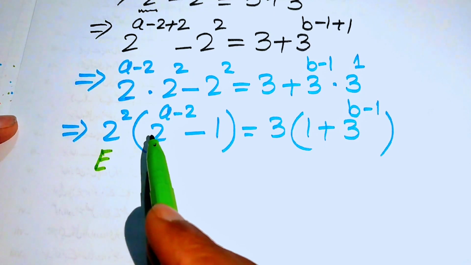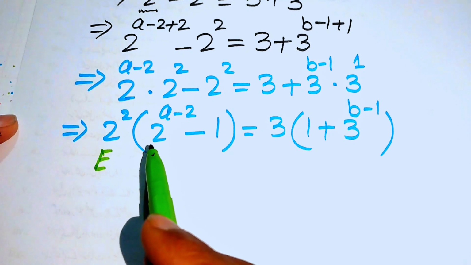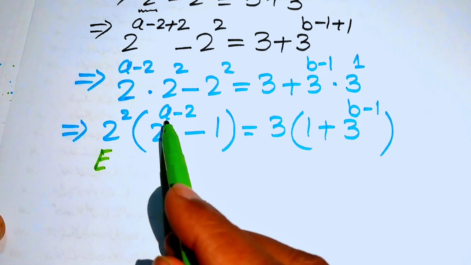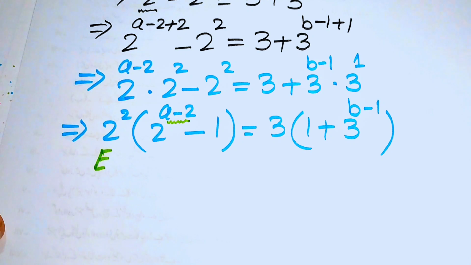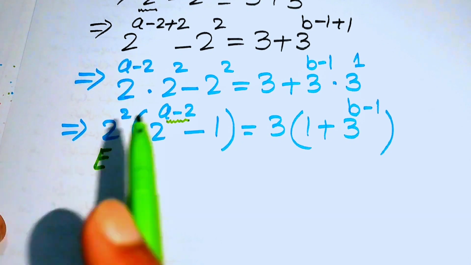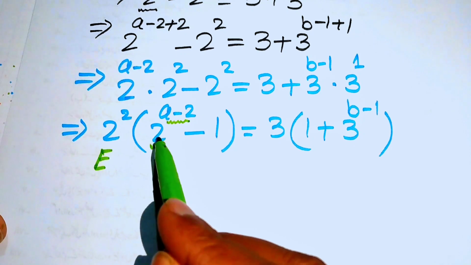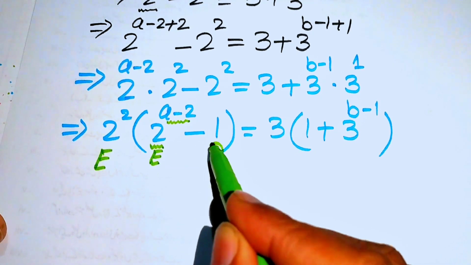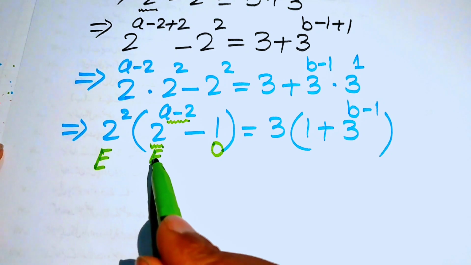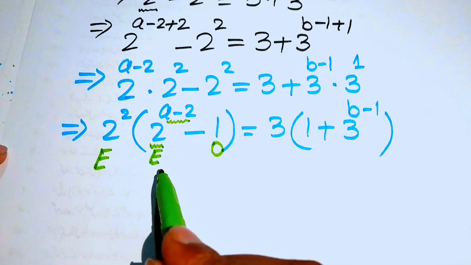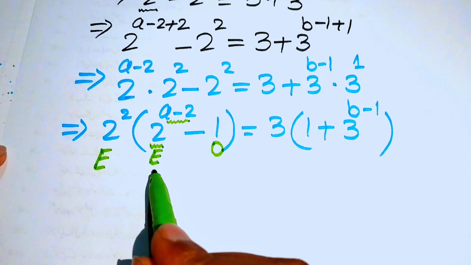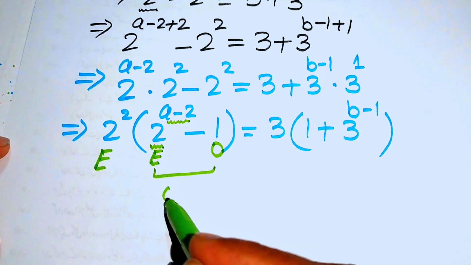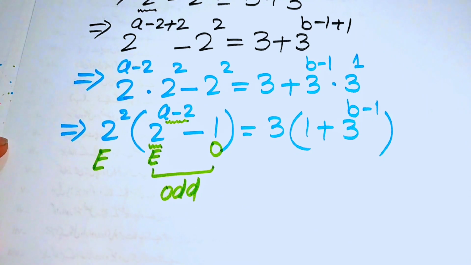And here you see that the base is 2 and we know that 2 is an even number, so if we take any exponent of an even number, it will also become an even number, so it means that 2 to the power of a minus 2 is also an even number, but this one is an odd number, and when we subtract an odd number from an even number, you will always get an odd number, so this whole expression will become an odd number.